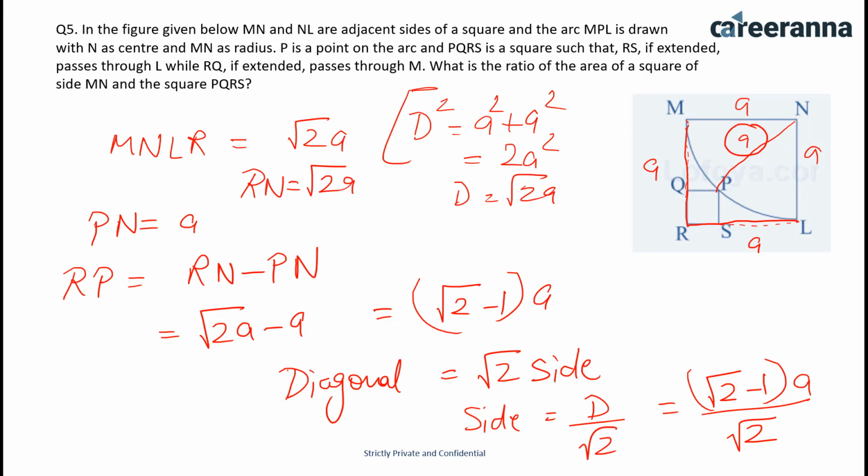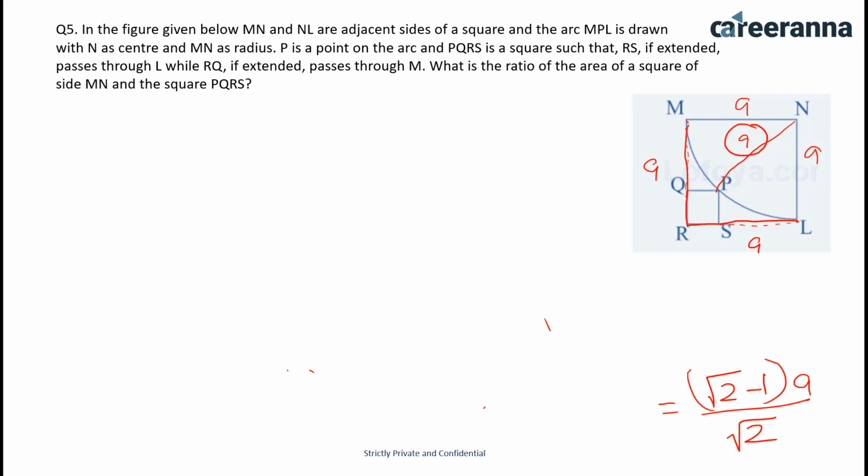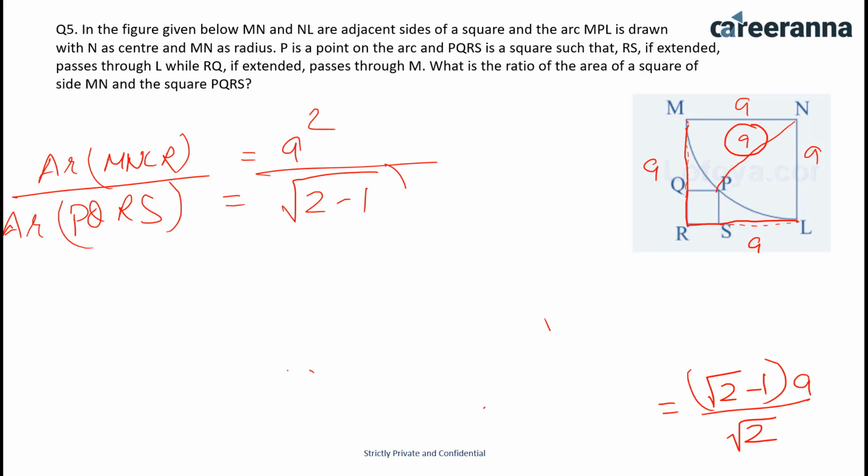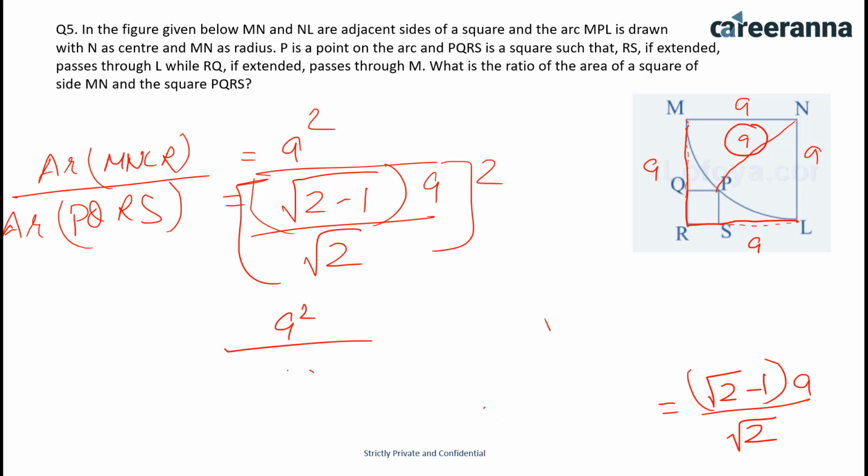Now the question is asking, what is the ratio of the area of the square of the side MN and the square PQRS? Now area of square MNLR is nothing but side square, which is A square, and area of PQRS comes out to be root 2 minus 1 times A upon root 2 whole square. Now this value will become A square into root 2 minus 1 whole square, A square upon 2.